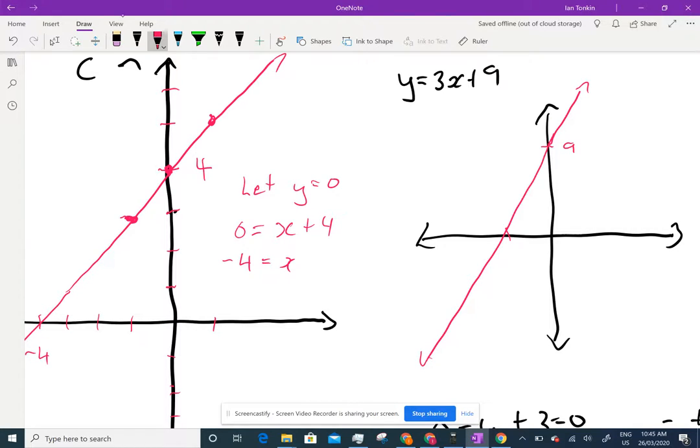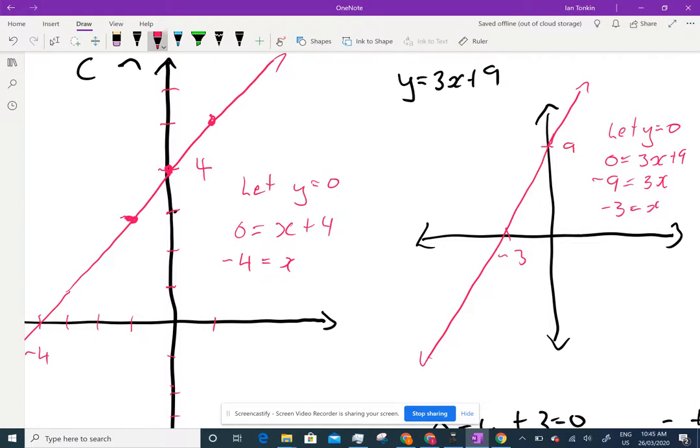Let y equal 0. And I get 0 equals 3x plus 9. I take the 9 over the other side. 3x equals negative 9, divide by the 3, negative 3 equals x. And as long as you're pretty close to scale, and that looks pretty good, you're right. And that's the equation of that line.